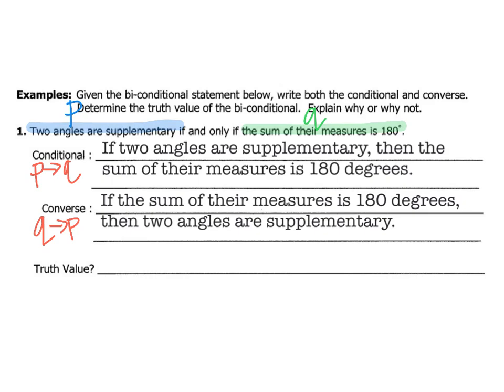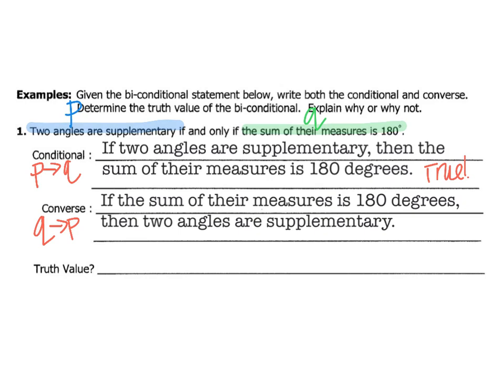Now we want to determine the truth value. We need to look at the truth value of our conditional statement and of our converse. First, is our conditional true? If two angles are supplementary, then the sum of their measures is 180 degrees. I think this is a true statement. Next, our converse: if the sum of their measures is 180 degrees, then two angles are supplementary.